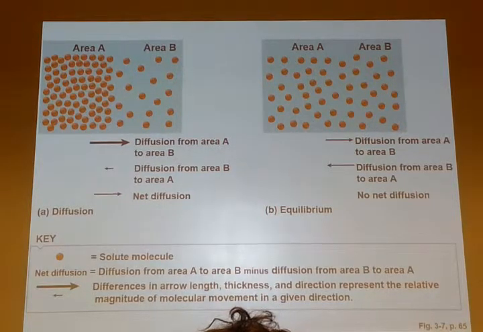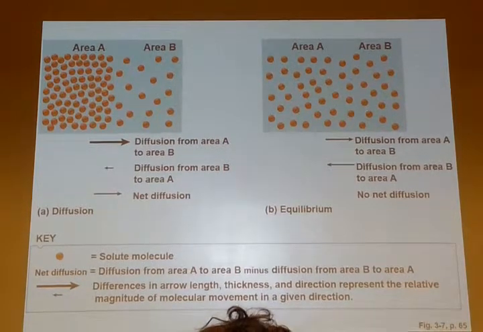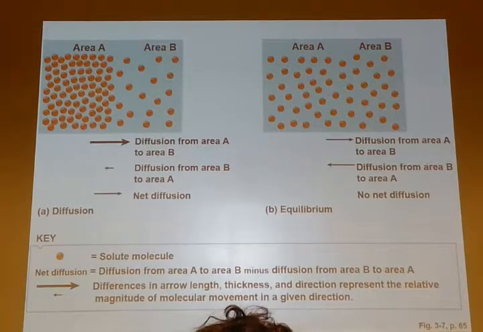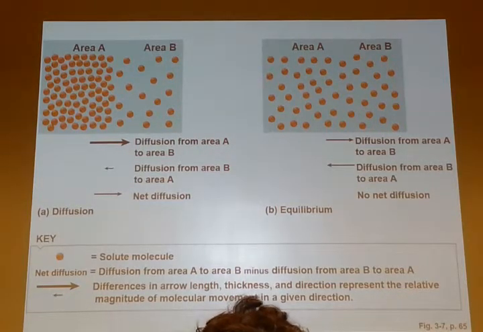You let those molecules move randomly. More molecules are going from A to B than from B to A. When you get to the equal dispersion of all the molecules, you have reached equilibrium. So now there's still diffusion happening, but when one molecule goes to B, another one goes back to A.